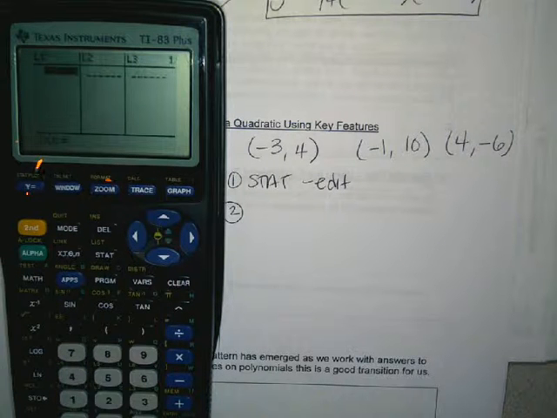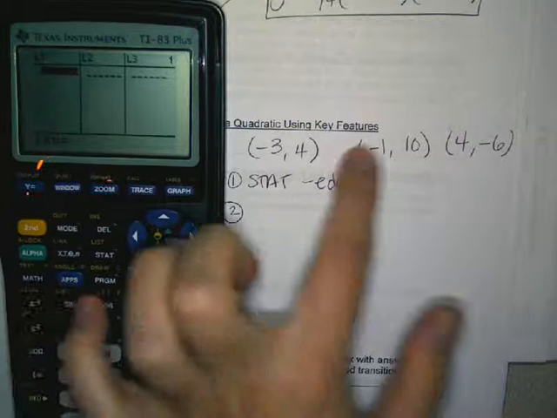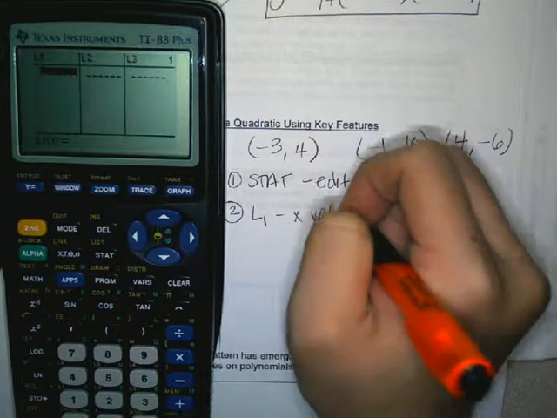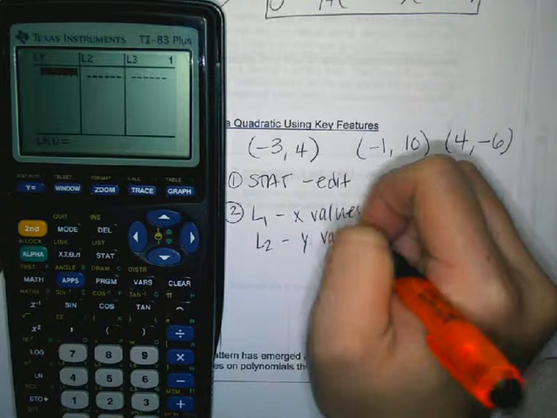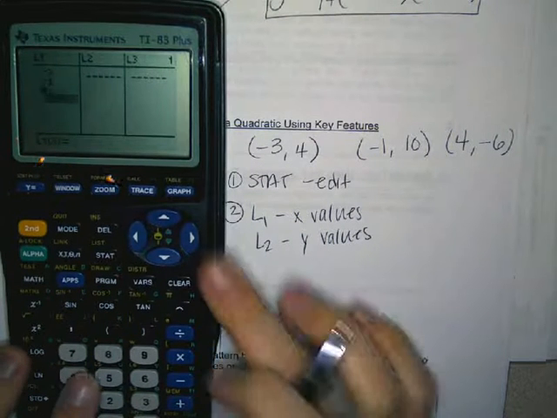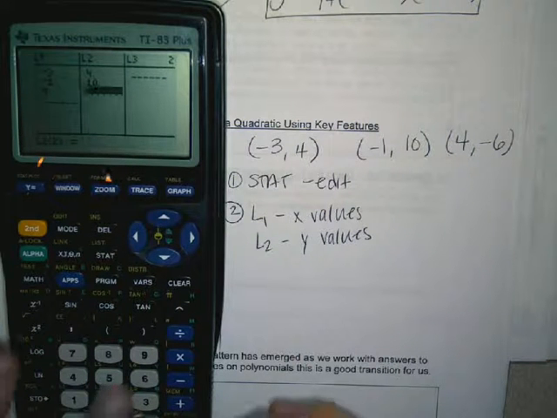L1 and L2. In L1, I'm going to put all my X values. And then in L2, you're going to put all your Y values. So -3, -1, and 4, then 4, 10, and -6.